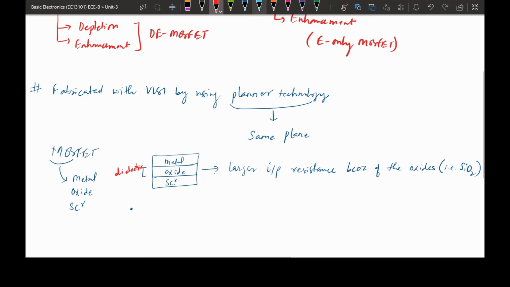So between two conducting plates there is a dielectric, so it behaves like a capacitor also.